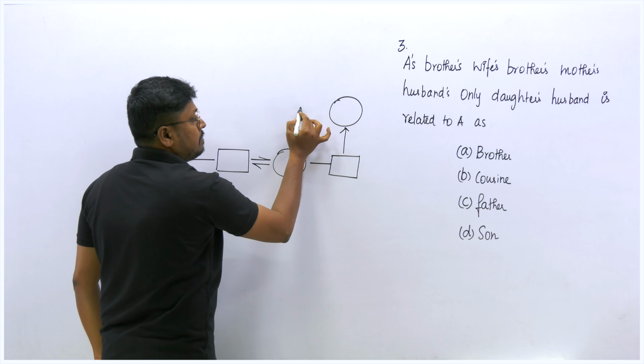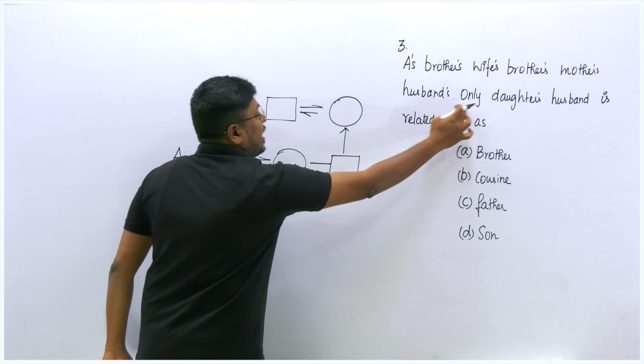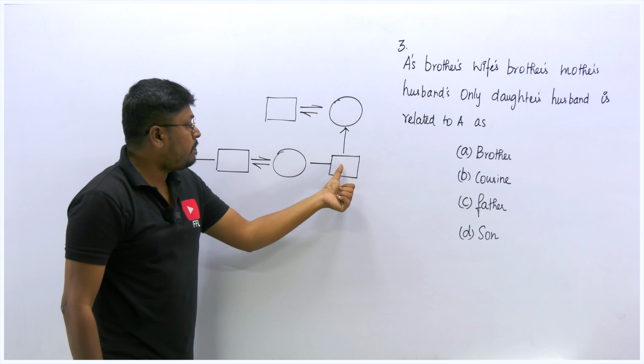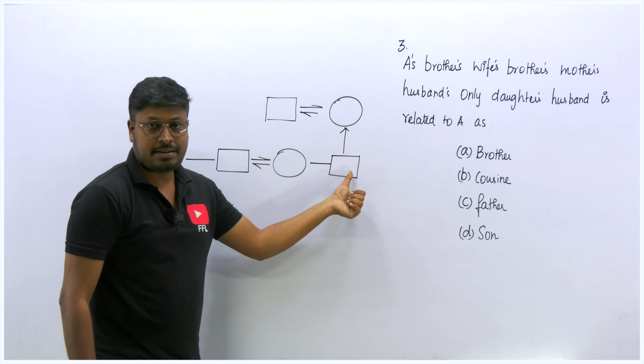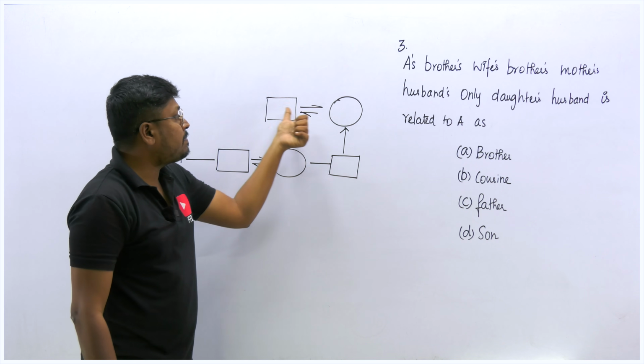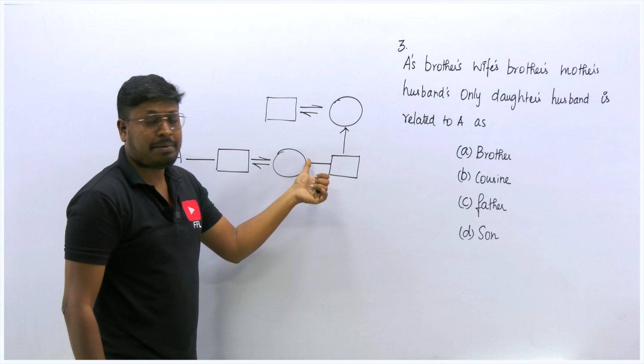Mother's husband, so mother's husband, this person. Husband's only daughter. Again, just see, we already know that these two persons are brother and sister. For this brother, this person is the mother, and for this mother, this person is the husband, and definitely these two persons will be the father and mother of the siblings.